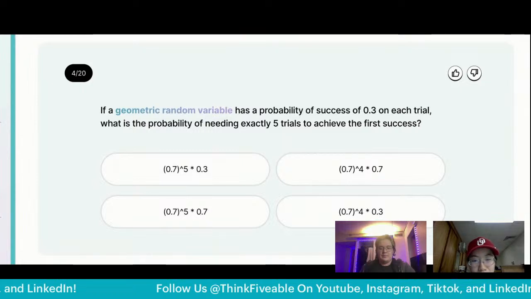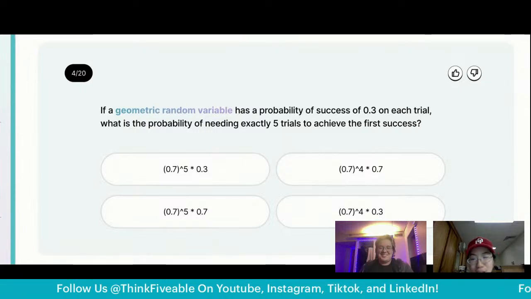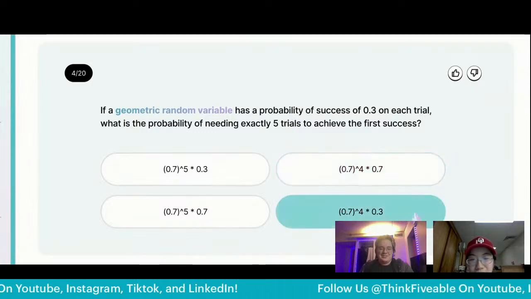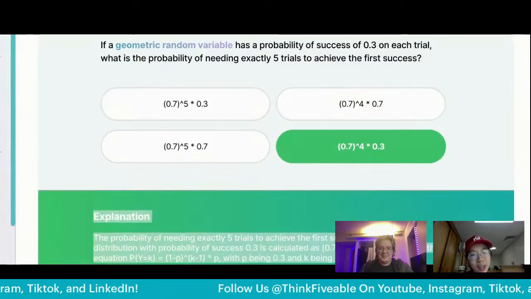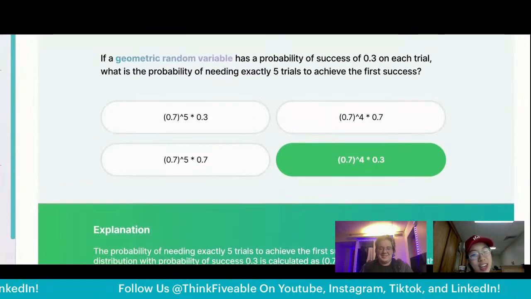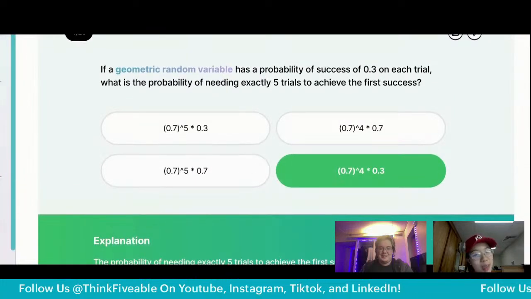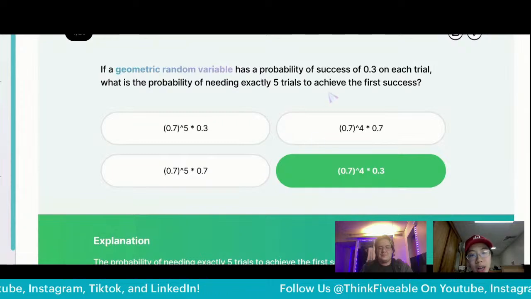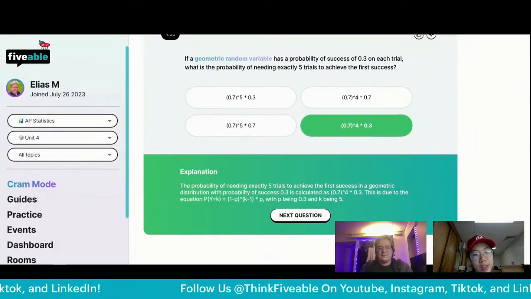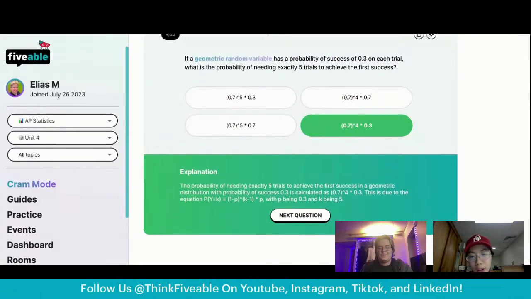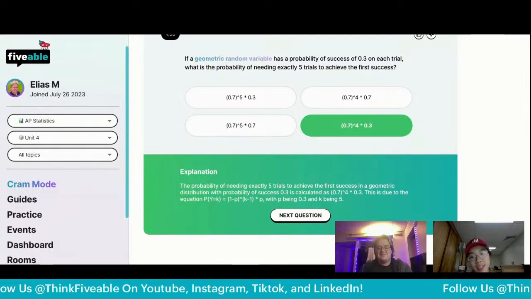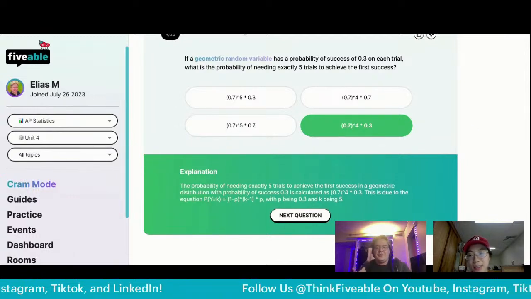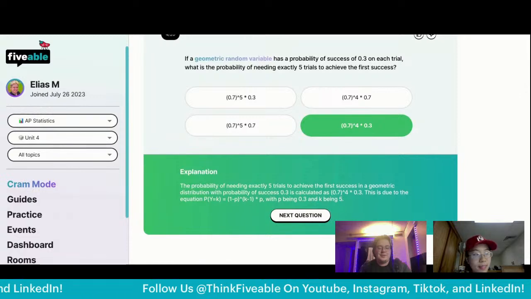One of them is 0.7 and 0.7, and the other is 0.7 and 0.3. That one's a little more blatant. Perhaps this would have been a better question if they had flipped 0.3 and 0.7, which is what your teacher is more likely to do. But remember, the one with the exponent is going to be the failures, because you can have multiple failures, but only one success. Perfect. We feeling all good about this one?